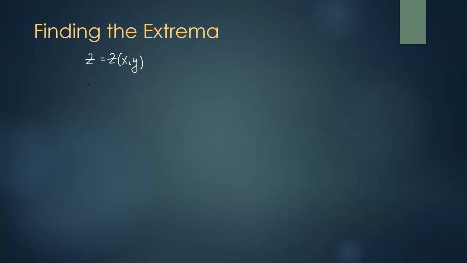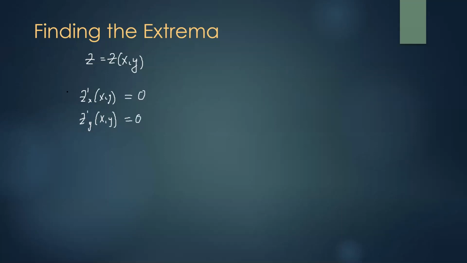Okay, so what happens here is we find the first derivative, both of them, partial by x and by y. And we say we need these derivatives to be equal to 0.